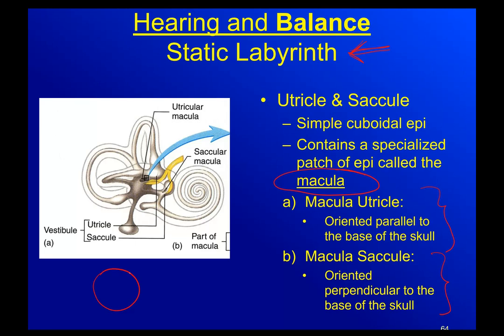So if this is your head, all right, the macula utricle is basically oriented parallel to the base of your skull. So this top one is basically the same. The saccule, however, is actually oriented perpendicular to the base of your skull. Okay, so you've got 2 separate bits of information coming in.